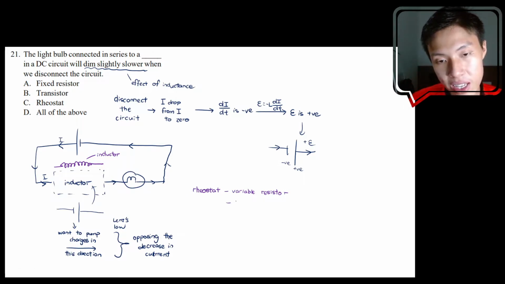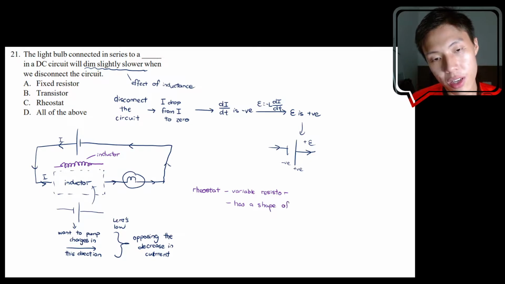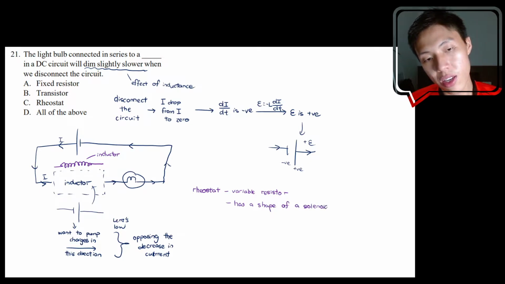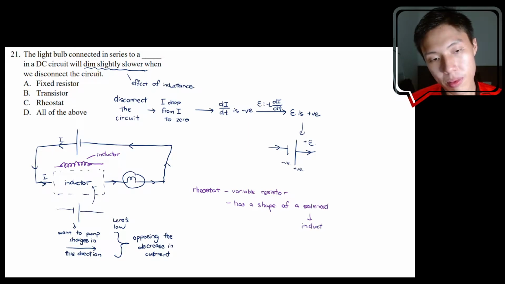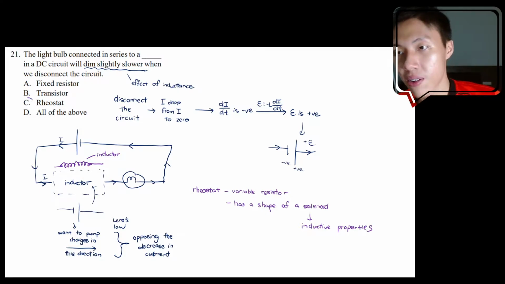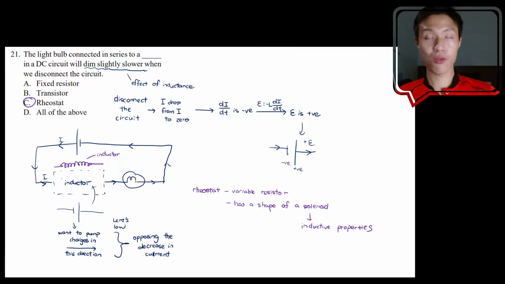And it has the shape of a solenoid. So because it has the shape of a solenoid, it has inductive properties. Because it has inductive properties, it is suitable to replace an inductor.